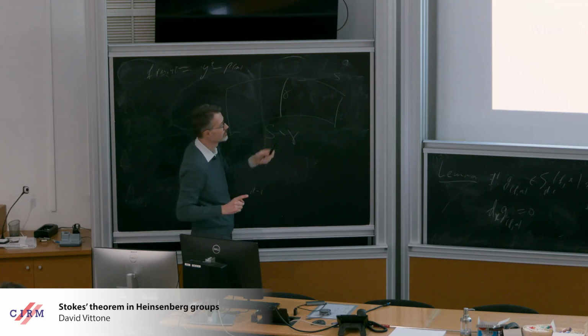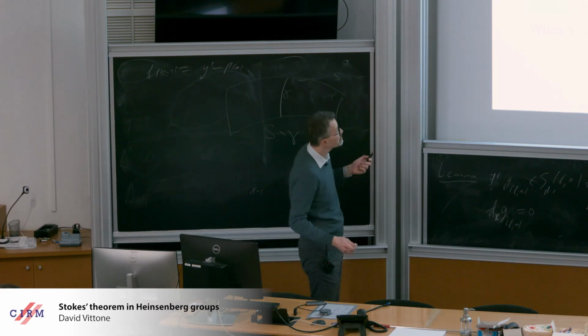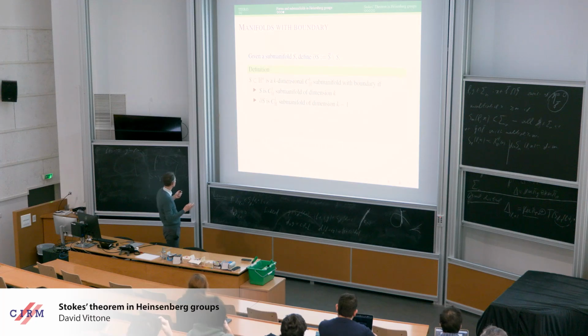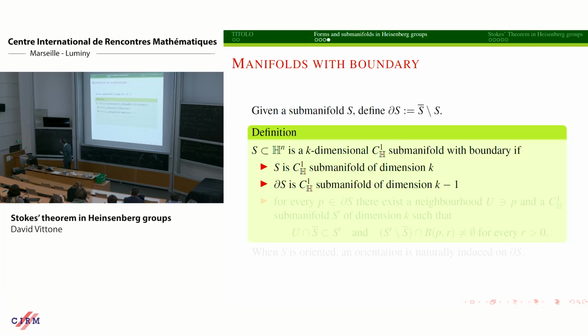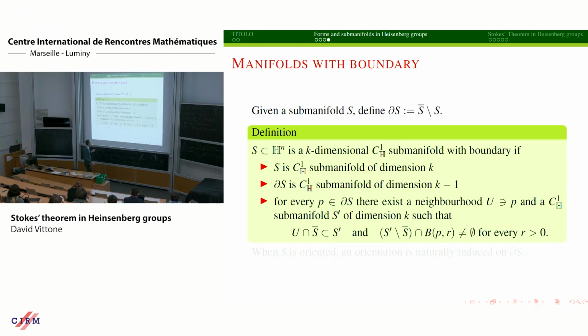So in a sense, a submanifold with boundary should be either this side or the other side of this picture. So we need to introduce a condition which excludes a situation like this, and forces us to consider only one of the two components. And this is a possible definition. So let's read it.